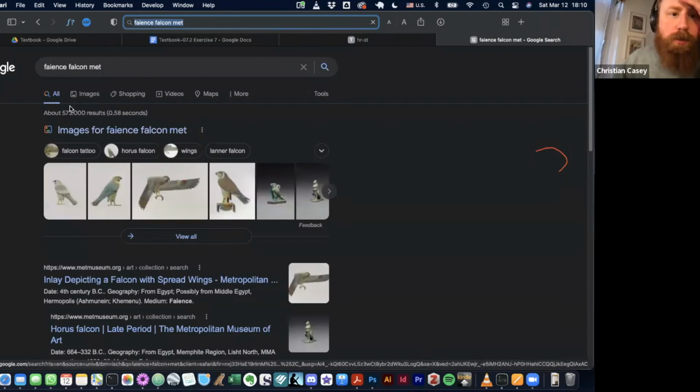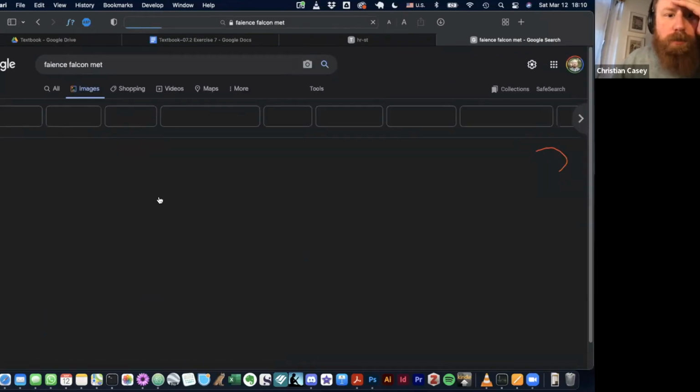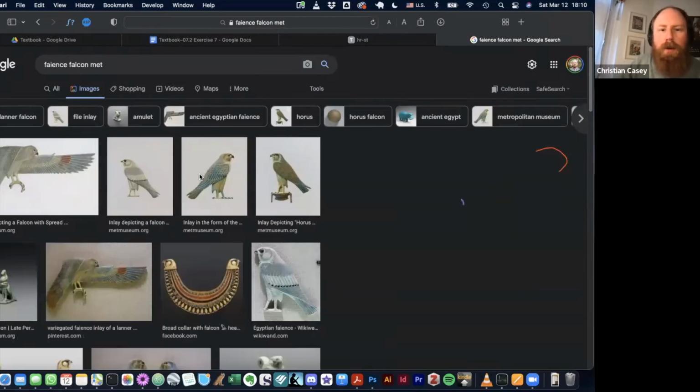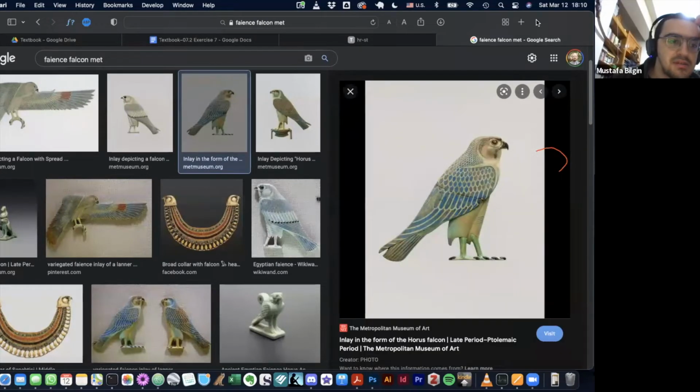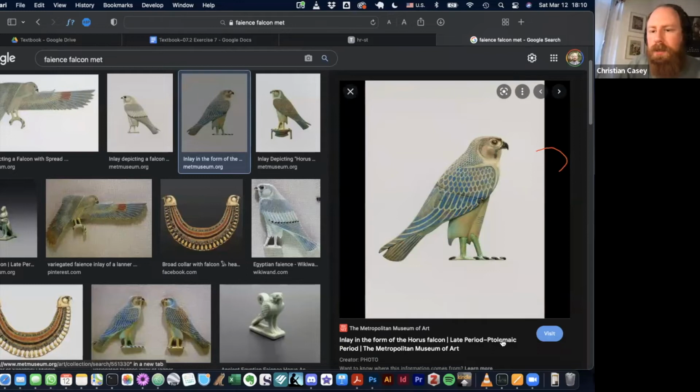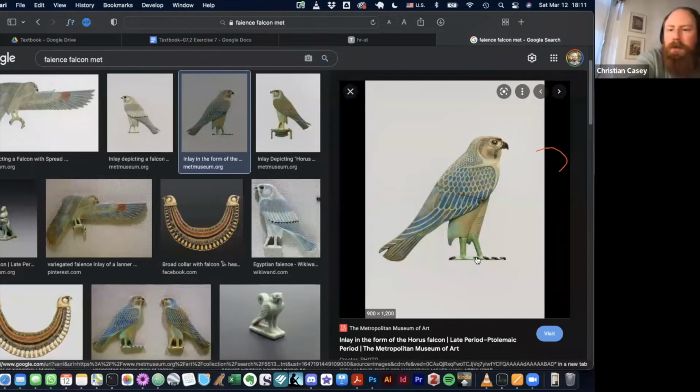It's an opportunity to show you some of the most beautiful artifacts of ancient Egypt ever. This is, I think, late period Ptolemaic, but I'm sure there are examples from the Middle Kingdom too. They very typically depict the falcon's feet as these sort of flattened out talons. I think that's what you're getting in the hieratic.